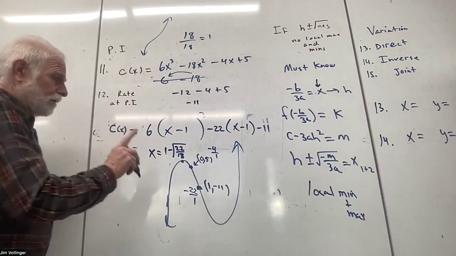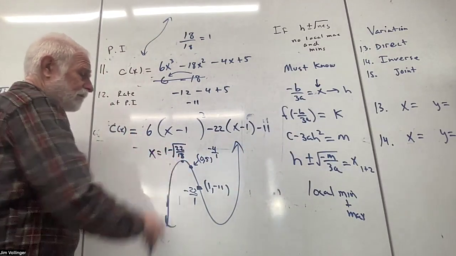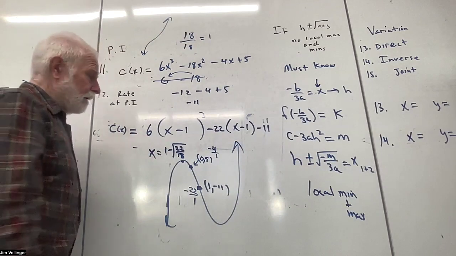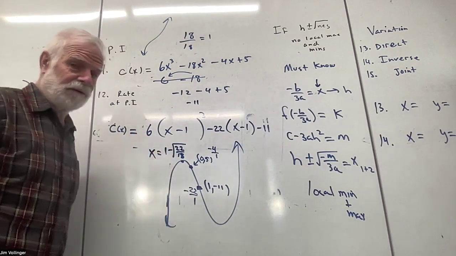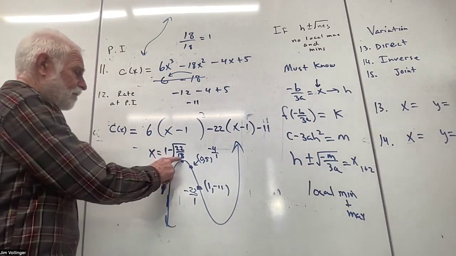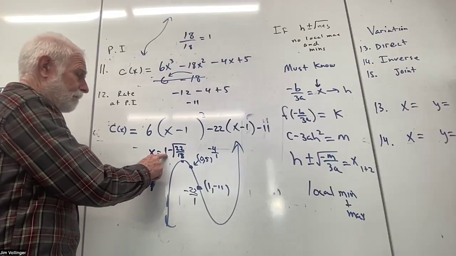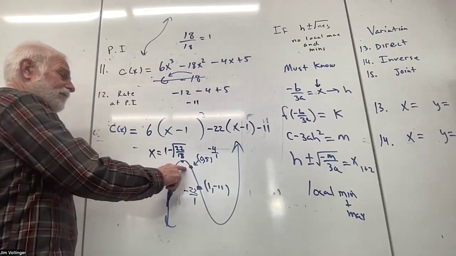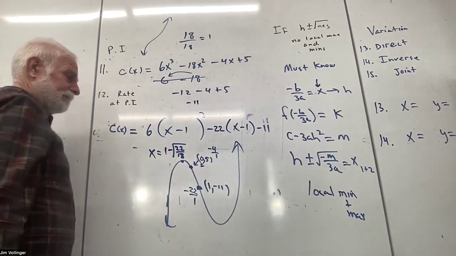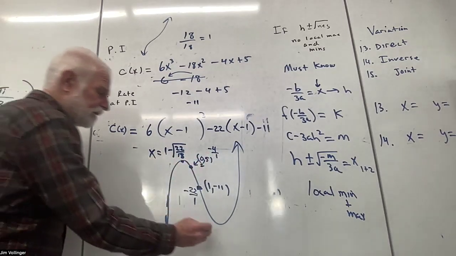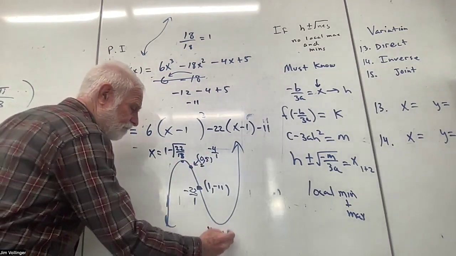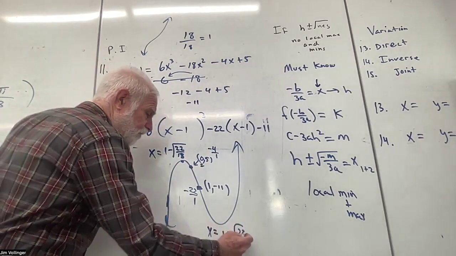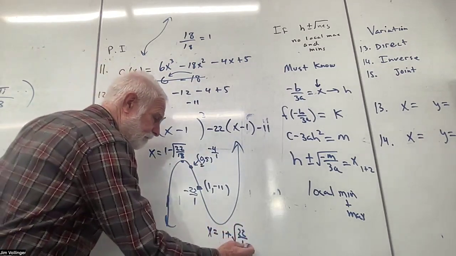Now, for the record, 22 divided by 18 is a little bigger than 1. The square root of that is a little bit bigger than 1. And if I take a number a little bit bigger than 1 from 1, I think I'm to the left of 0. Okay, so what's this one? This x value is 1 plus the square root of 22 over 18.